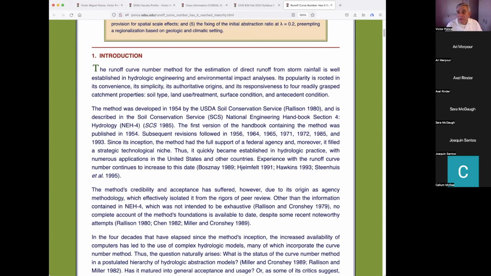For those of you that are not familiar with, in the late 40s and early 50s, the Soil Conservation Service, which later became the Natural Resources Conservation Service, was created because the federal government felt that there was no agency out there that was taking care of the resources. So the resources are soil, nutrients, plants. And there was a Soil Conservation Service, but there was no Nutrient Conservation Service, no Plant Conservation Service.